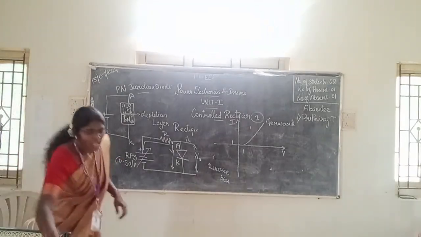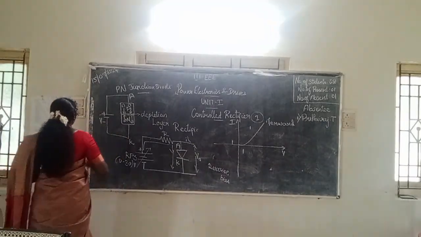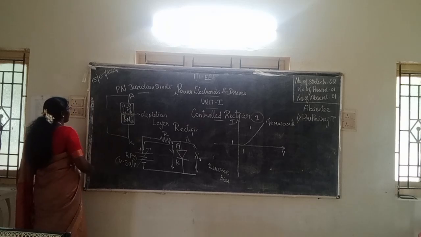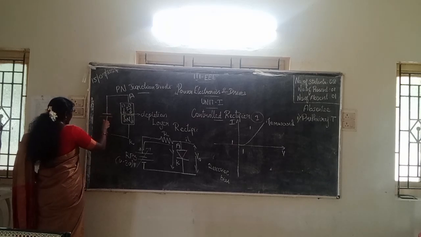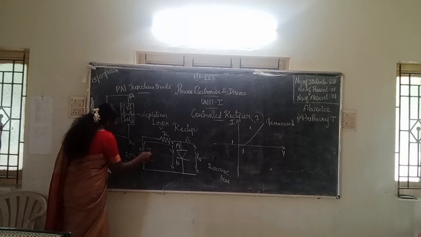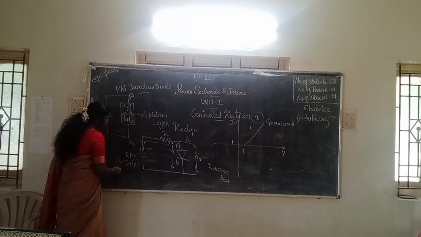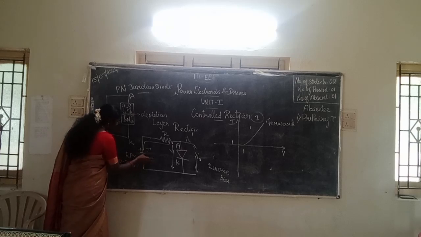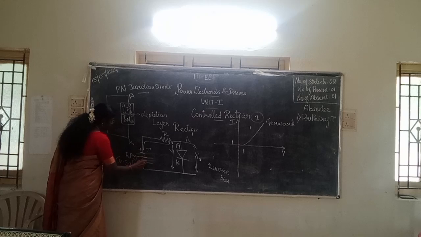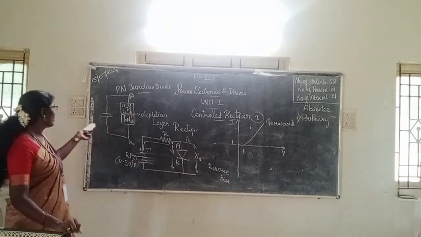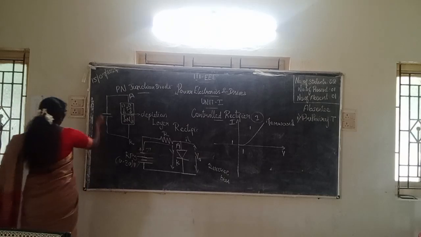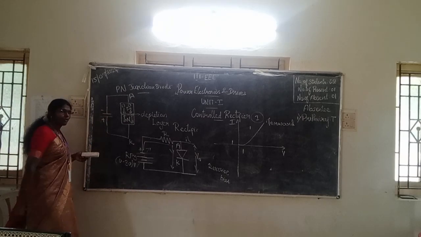For reverse bias, the anode is connected to the negative terminal, and the cathode is connected to the positive terminal.